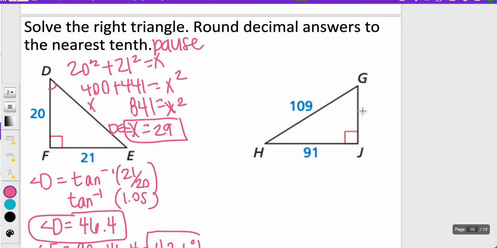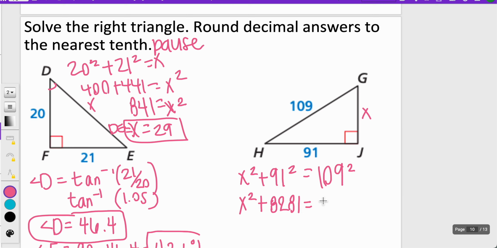Next up, we notice that one of our legs is missing, so we can maybe say x squared plus 91 squared is equal to 109 squared. Okay, and then start to solve here. X squared plus 91 squared is 8,281. And then 109 squared is 11,881.